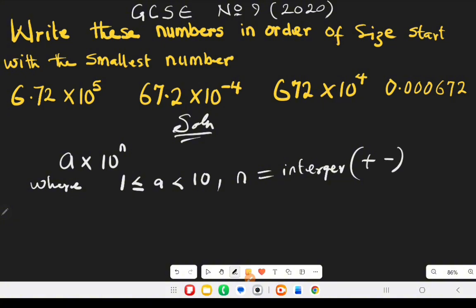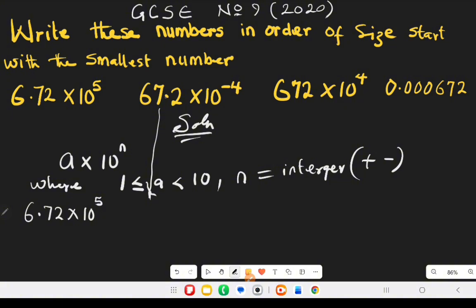From what we have, the first one is already in standard form because 6.72 is less than 10 but greater than or equal to 1, which I will write here, 6.72 times 10 raised to the power of 5. Then the second one is bigger than 10.